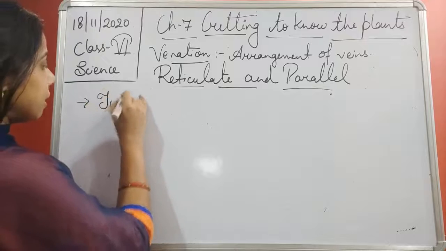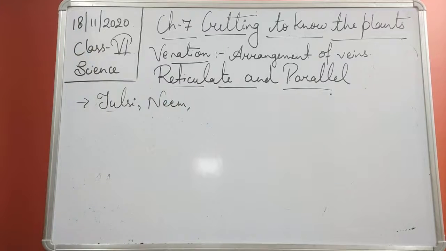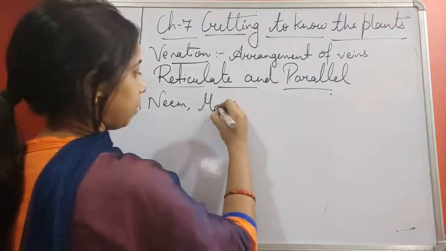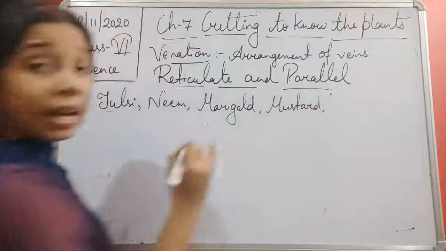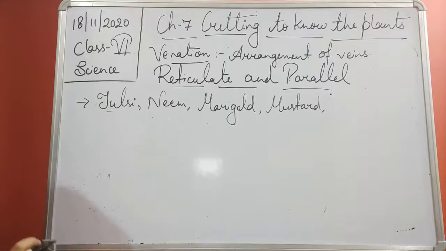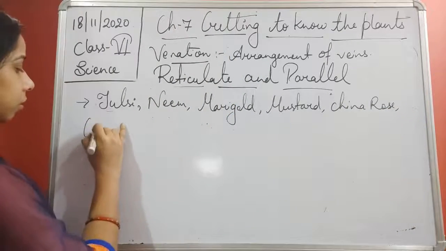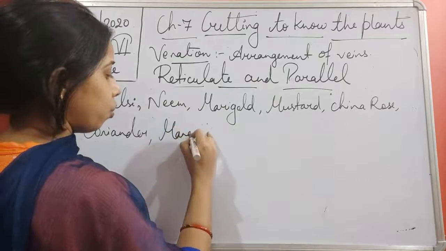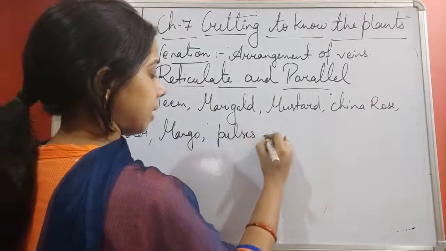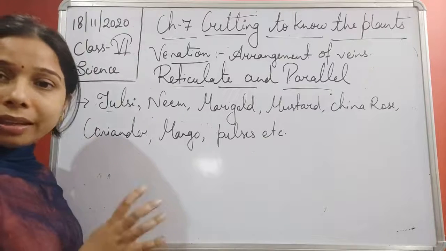So you see, tulsi is there, neem is there, lemon is there, students, marigold, mustard, China rose, coriander, then mango is also there, pulses, etc. All these plants show the reticulate type of venation.